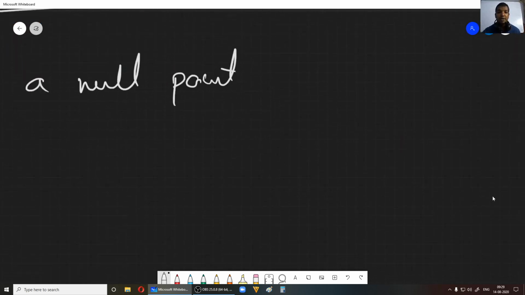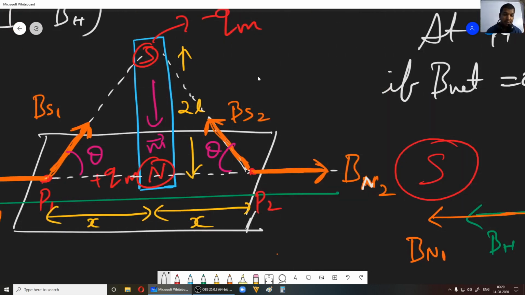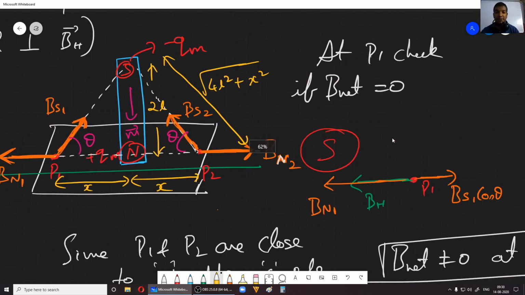So therefore now let us try to look at this distance here. If you look at this distance you can write it as, so it looks like 2l whole square, so that will be 4l square, correct, root of 4l square plus x square. So let us put that here, right?